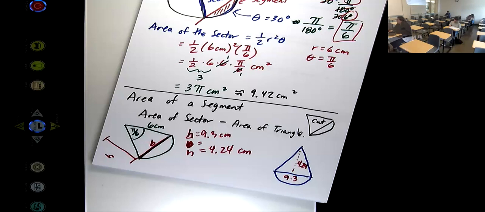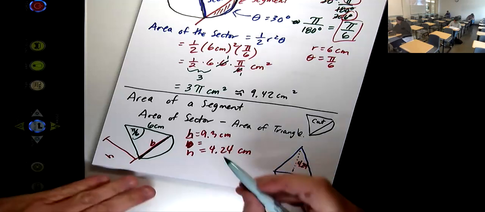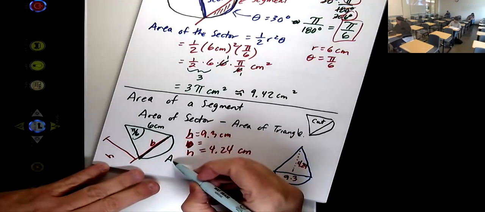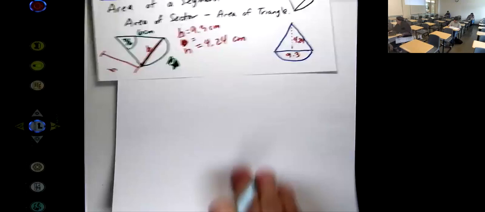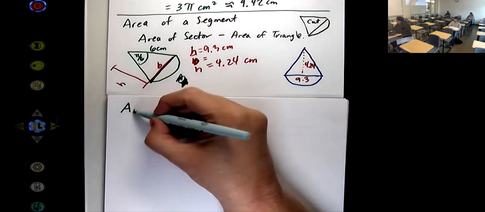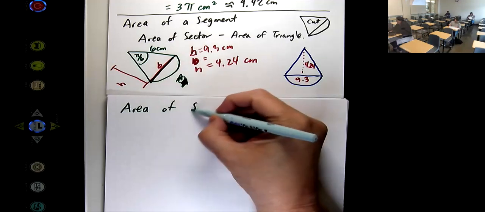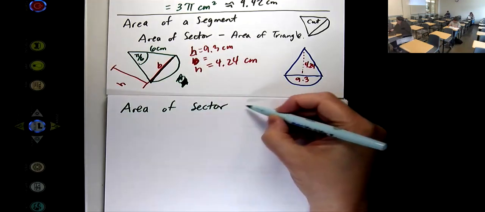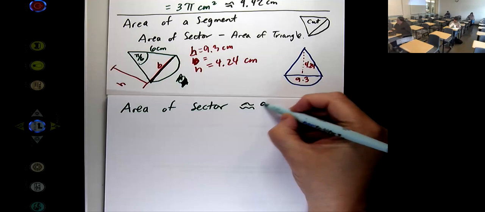We already found the area of the sector. So if we're doing the area of the sector, well, another piece of paper, I'm going to rewrite it down. It was about 9.42 centimeters squared.